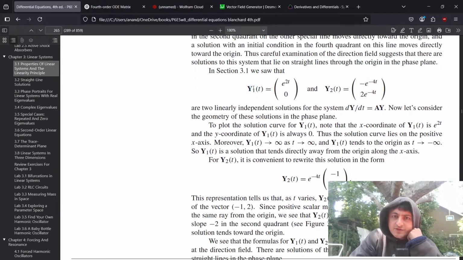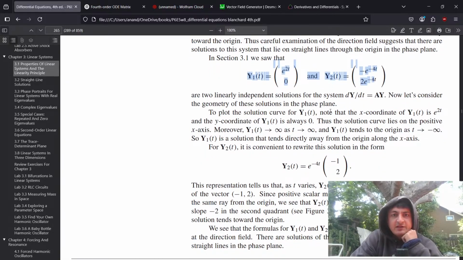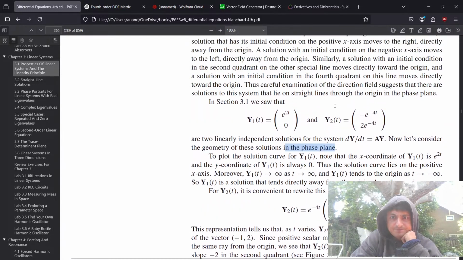In section 3.1, we saw that there are two linearly independent solutions for this system. Now let's consider the geometry of these two solutions in the phase plane.